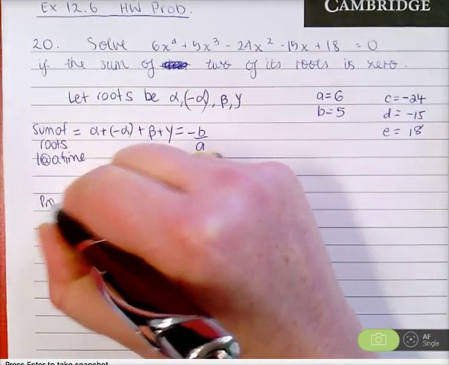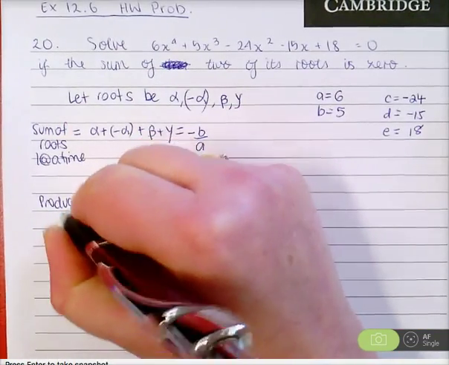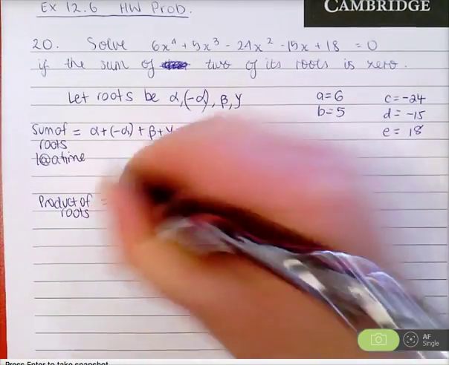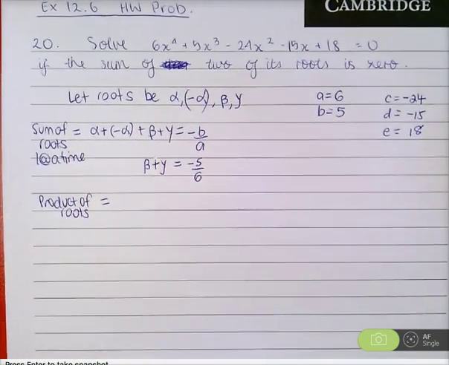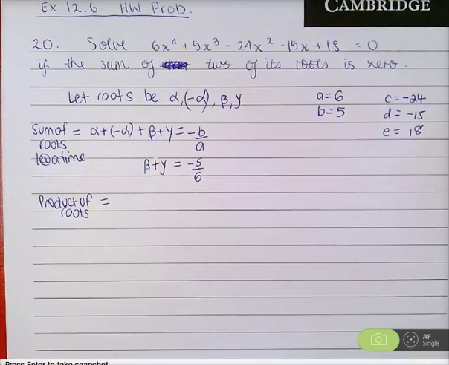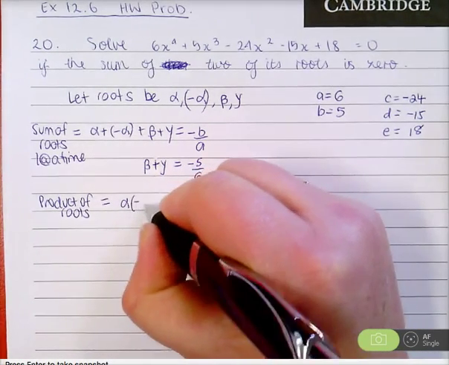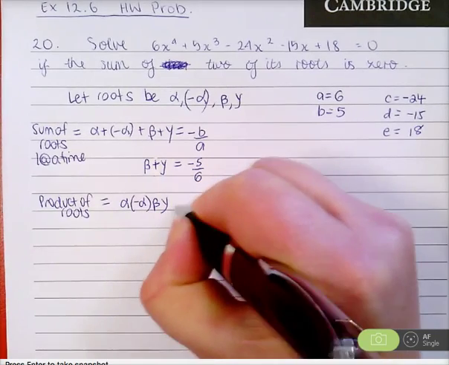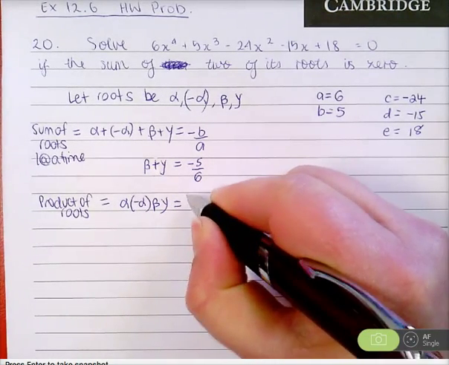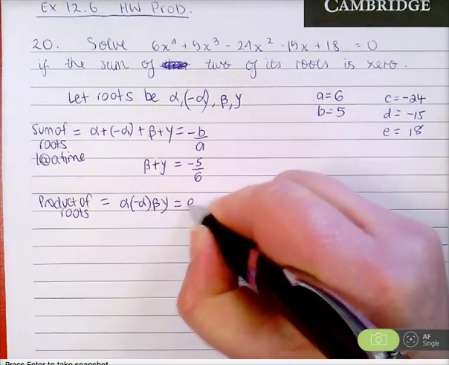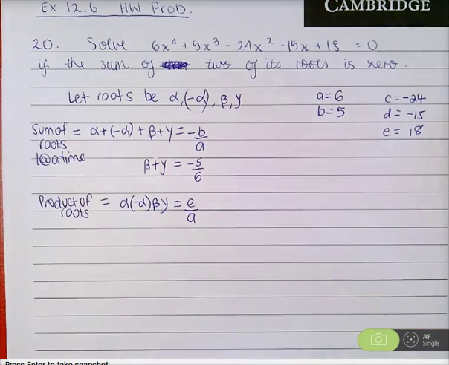Let's do the product of roots, which is really sum of roots 4 at a time. Do you know what I mean? You go minus B on A, C on A, minus D on A, and E on A is the last one. So its product of roots would be alpha times negative alpha times beta times gamma is positive E on A. Now, what do we get?